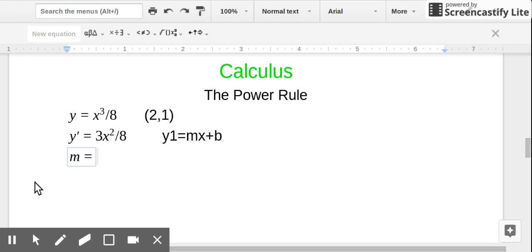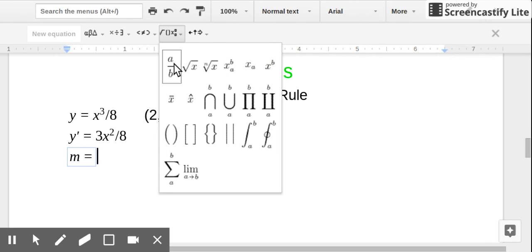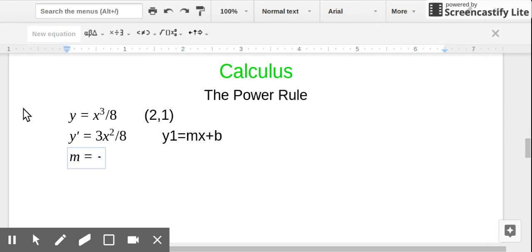All right, m is equal to 3, and then we're plugging 2 in for x, so this becomes 2 squared, and it's all over 8.